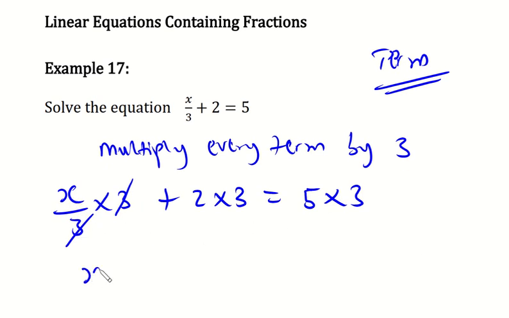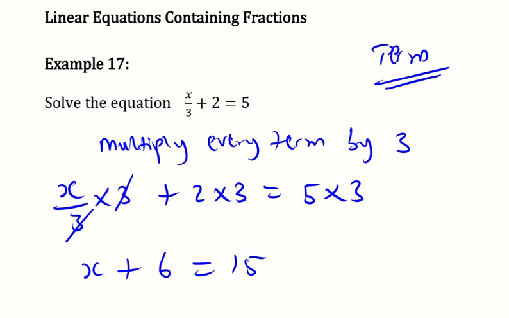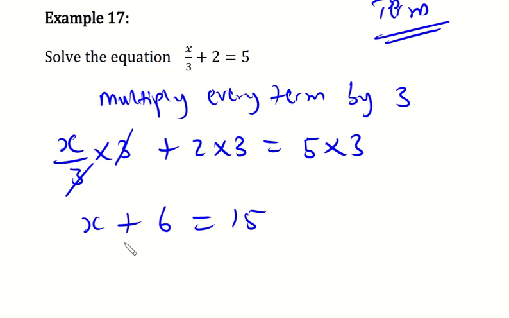So we just have x alone here. 2 times 3 is 6, and 5 times 3 is 15. What we'll do next is move 6 to the right hand side, or you can just say subtract 6 from both sides, because this is plus.